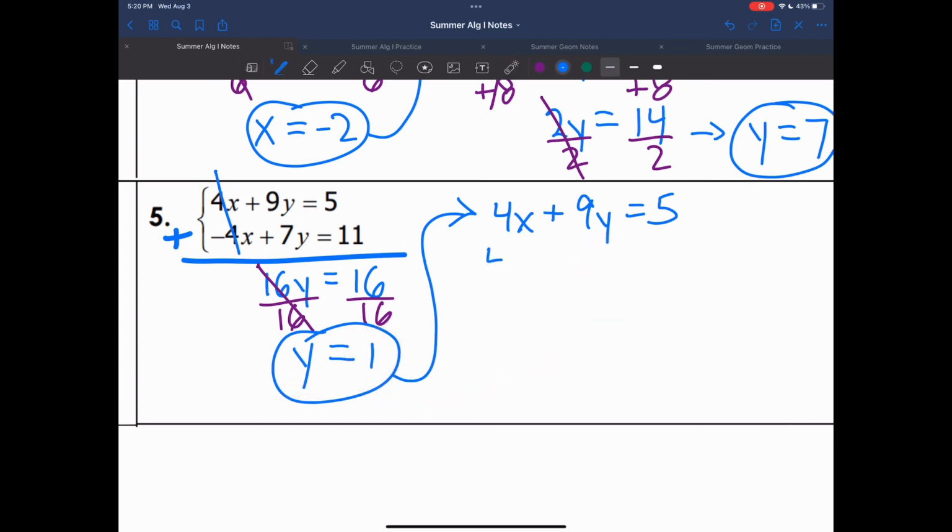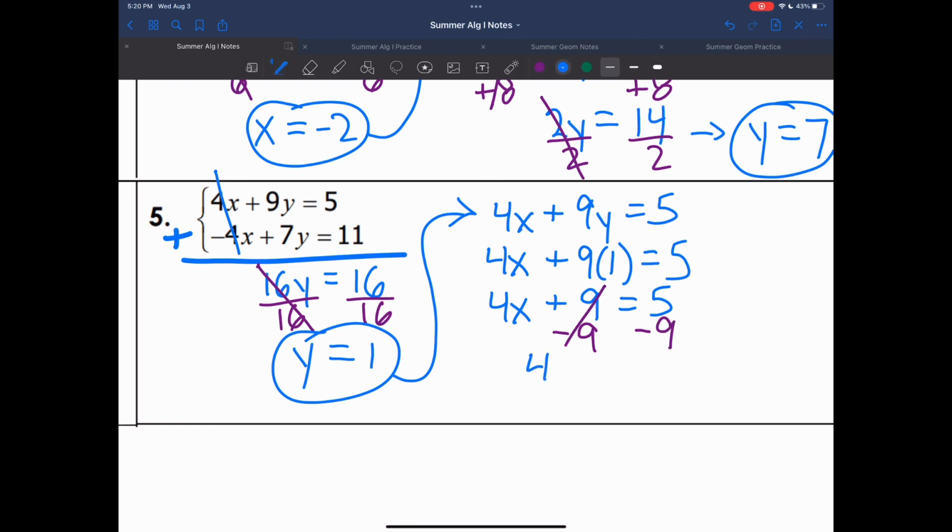So let's bring down our 4x plus, instead of 9 times y, I'm going to do 9 times 1 equals 5. And let's solve. So that's 4x plus 9 times 1 is just 9, so the 1 really just goes away, equals 5. And then in solving for our x, we would now subtract 9 from both sides. That'll cancel out. We get 4x equals 5 minus 9 is going to be a negative 4.